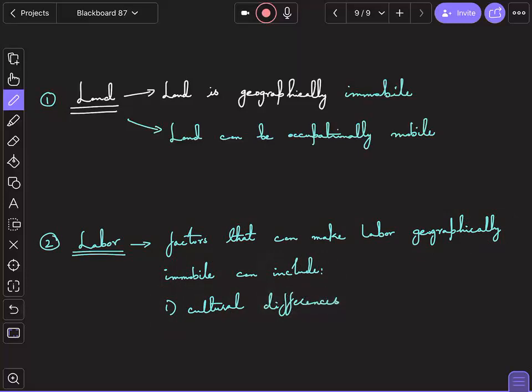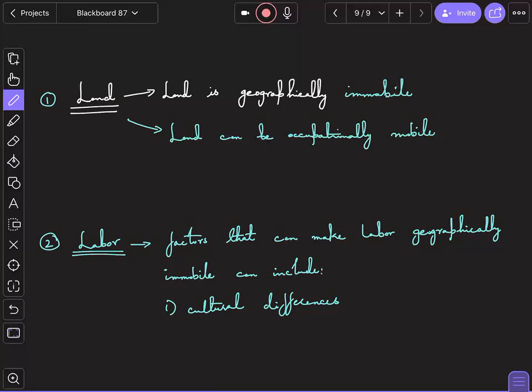You will not move into a city, region, or country where there are cultural differences, religious differences, or linguistic differences. They hinder your geographic mobility.